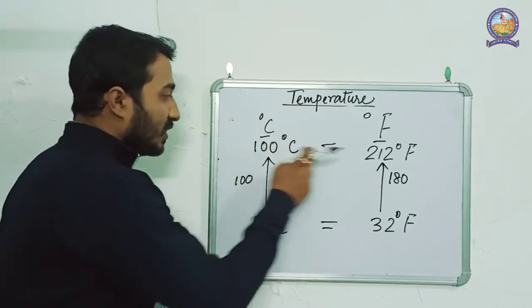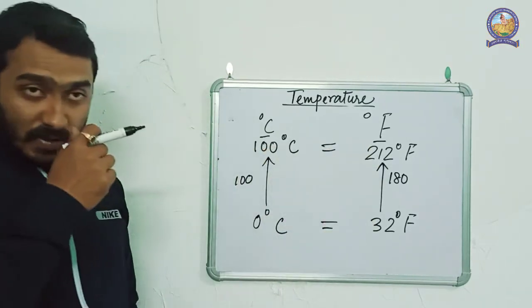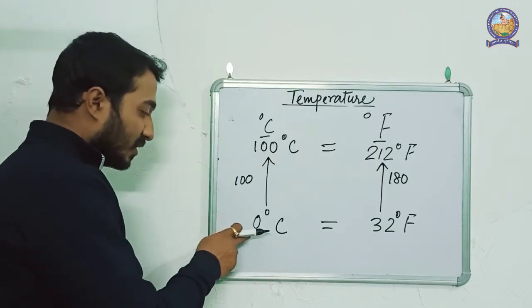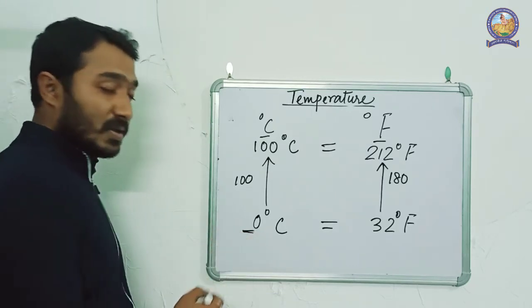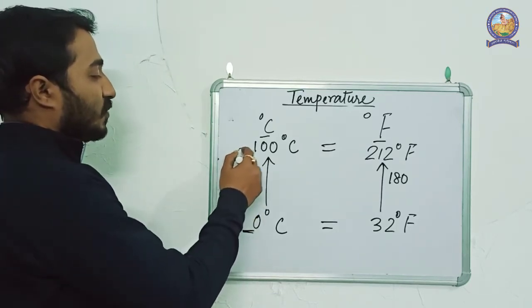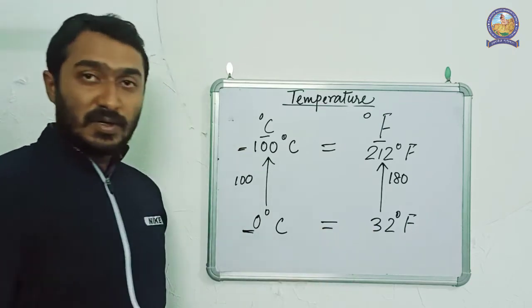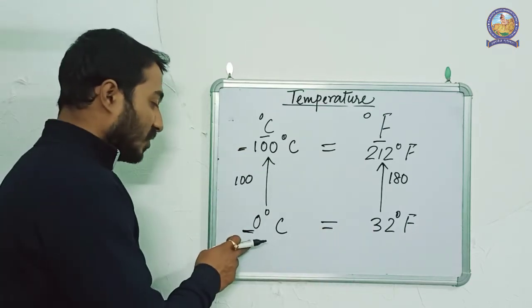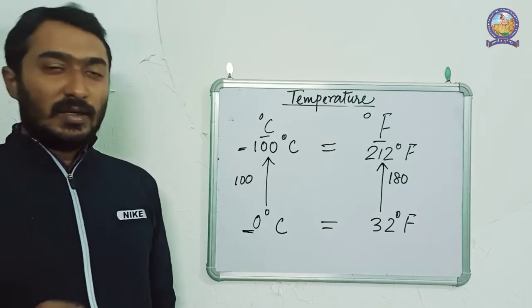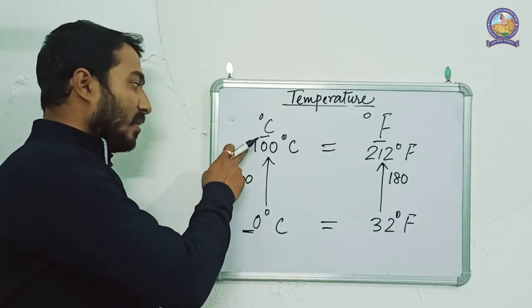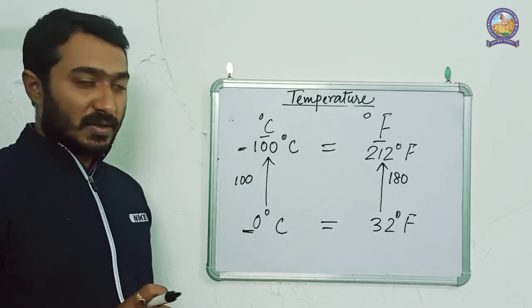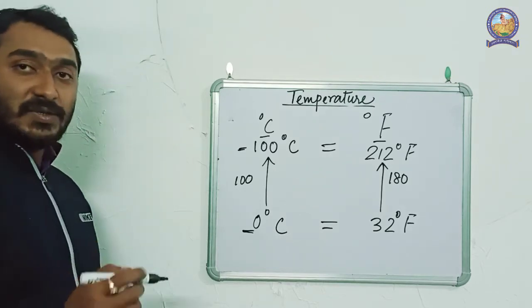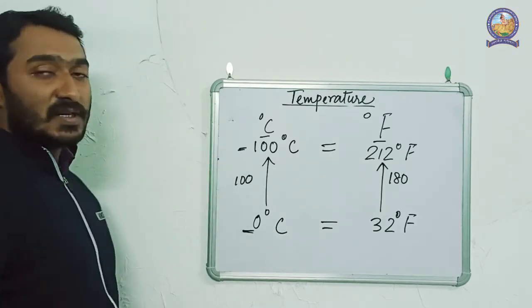So what are these called? In a thermometer, this is called the lower fixed point and this is called the higher fixed point. The Fahrenheit thermometer is also the same. These two are actually the freezing point and boiling point of pure water. Based on pure water these two values are set.